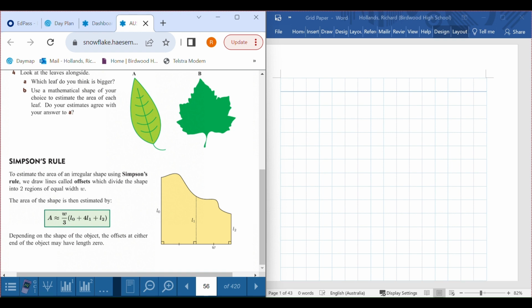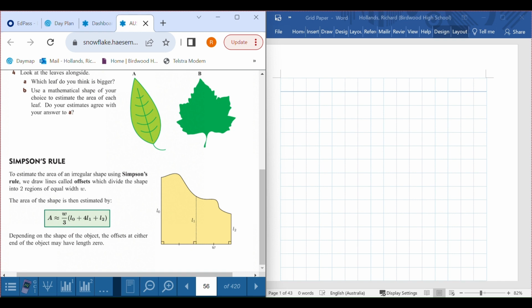All right. And when we use Simpson's rule, we draw lines which are called offsets, where we split the shape into two regions of equal width. All right. So along here we find the middle point and we draw a line which is called an offset. All right.